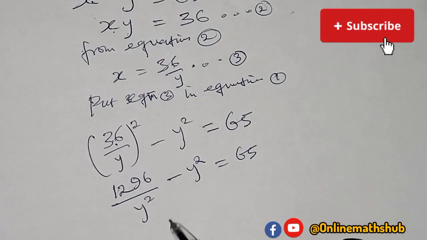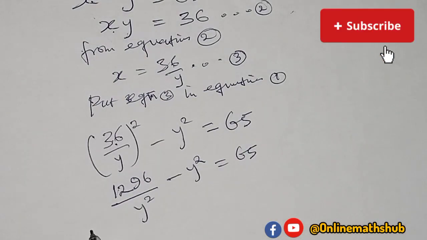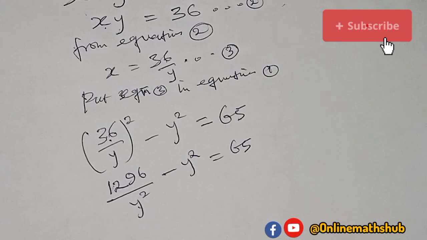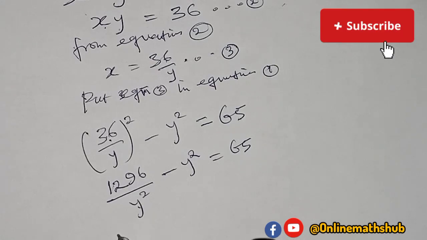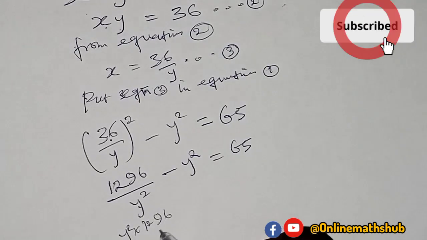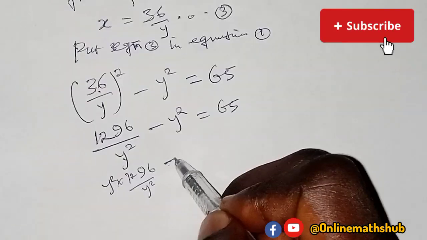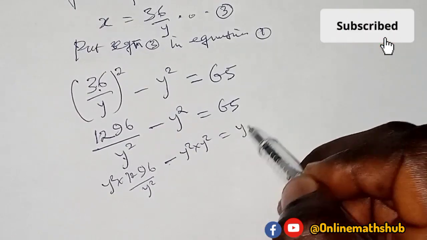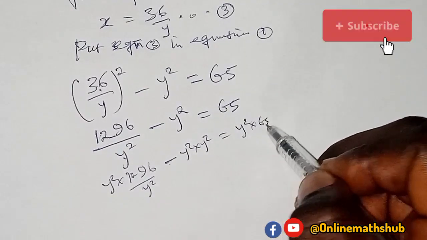Here I'm going to multiply everything by y squared so that I clear this fraction. I'll have y squared multiplied by 1296 over y squared, minus y squared times y squared, is equal to y squared times 65.